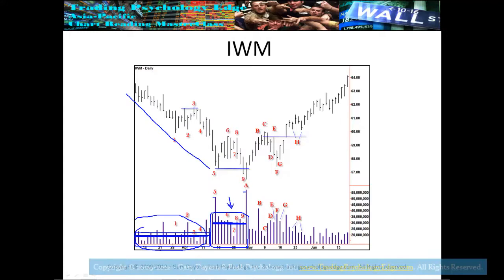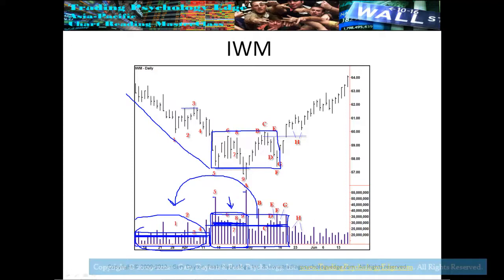I'm asking that sort of rhetorically, but the point is this: if you can start to identify these blocks of volume, where the market stays in this kind of trading range, and we expand that out, and compare this to this, you can see now that this is accumulation in here.